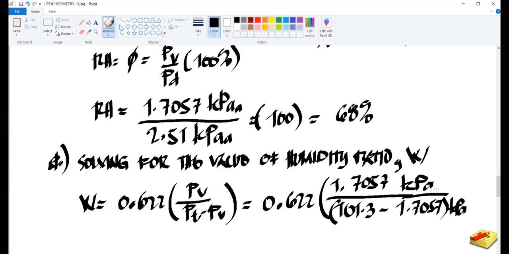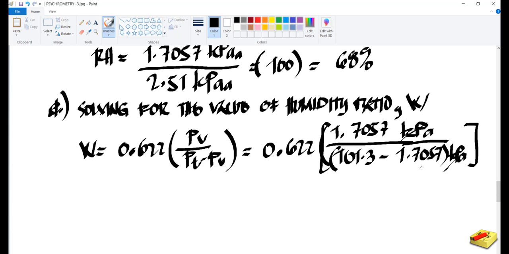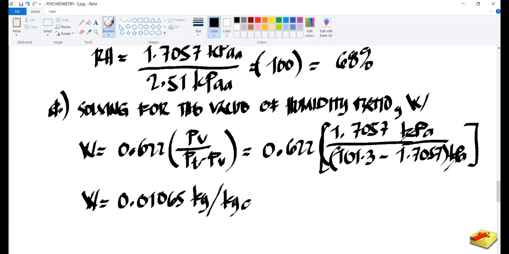So establishing the units is better to check our calculation is correct. That will be mostly, dapat magka-cancel out ang common. So we have the value of 0.01065. Okay, so this is in the ratio of kilogram per kilogram of dry air.